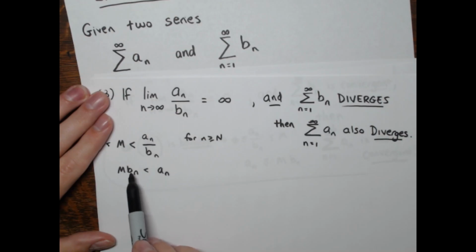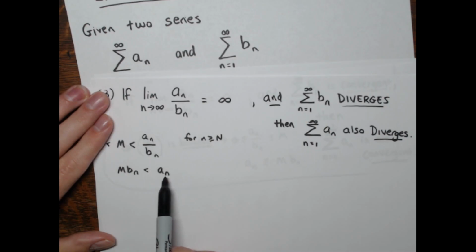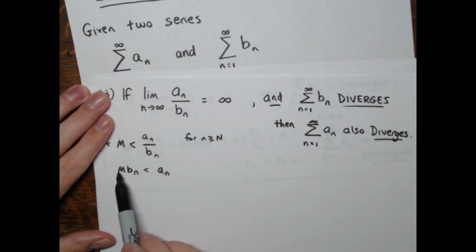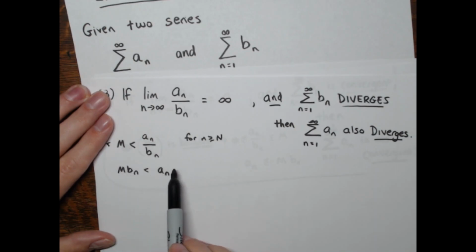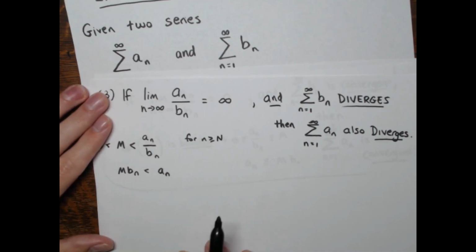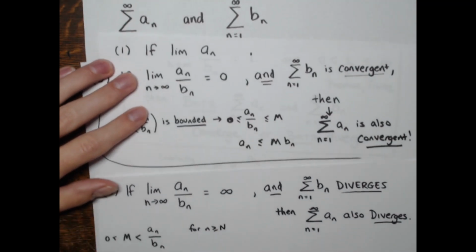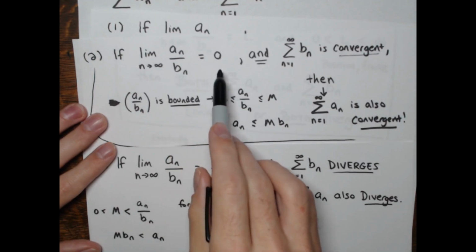Then M times b sub n diverges, so the larger one, a sub n, would also diverge. If the b sub n's converge, again, if a term of smaller stuff converges, you can't really say what the larger sequence is doing. The infinite series of the a sub n terms could converge or diverge. You don't know. That's just like the second case, when the limit was 0.